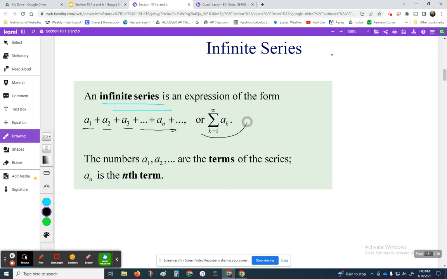You can rewrite that as the sum as k starts at 1 going to infinity of whatever expression we have here, and a sub n we just talk about as being the nth term. So that's a quick little review, and that's the idea of an infinite series. What's it going to do as it approaches infinity?